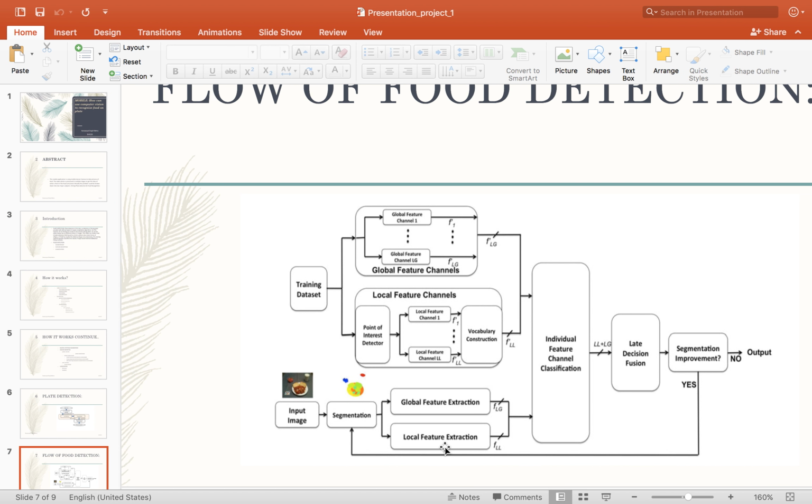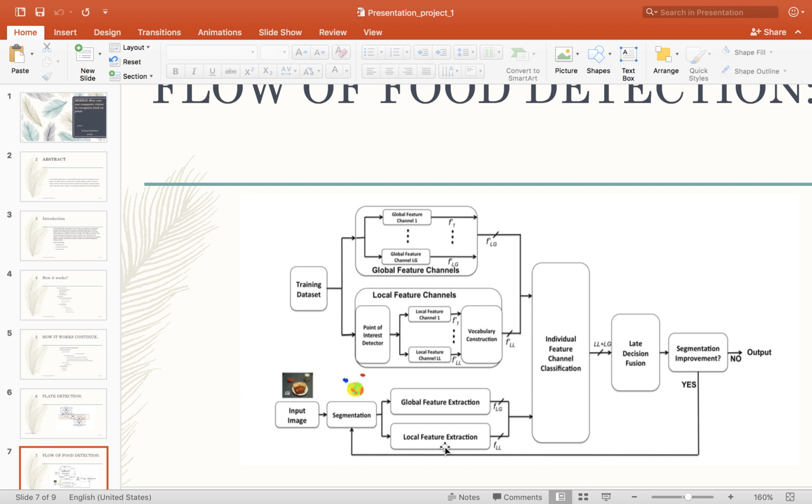In the individual feature channel classification, we match these feature vectors to our training data set. We match each and every pixel on 12 feature channels, and the late fusion of the decisions is when we fuse each of those 12 decisions into one class.